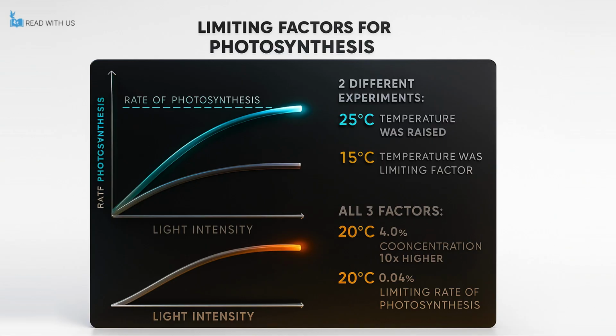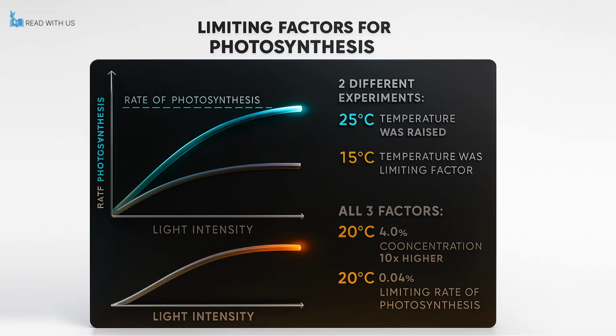In other cases, we might see graphs where carbon dioxide concentration differs while the temperature remains the same. If one curve shows a significantly higher rate of photosynthesis due to a 10-fold increase in carbon dioxide concentration, then carbon dioxide is clearly the limiting factor for the lower curve.